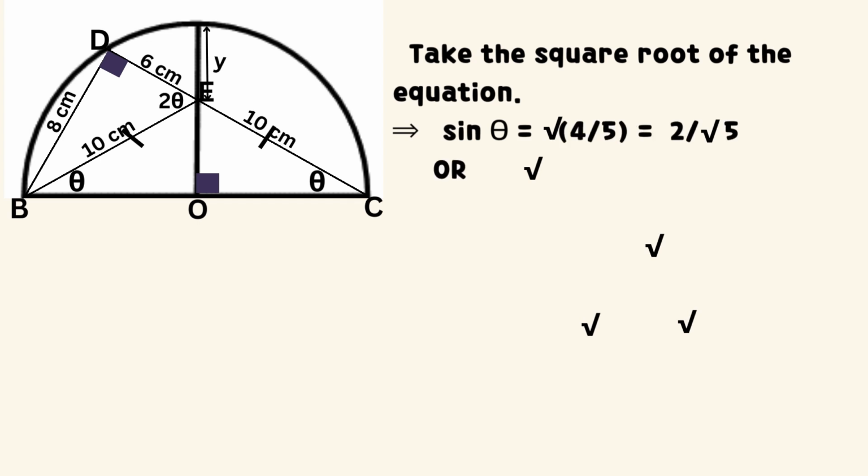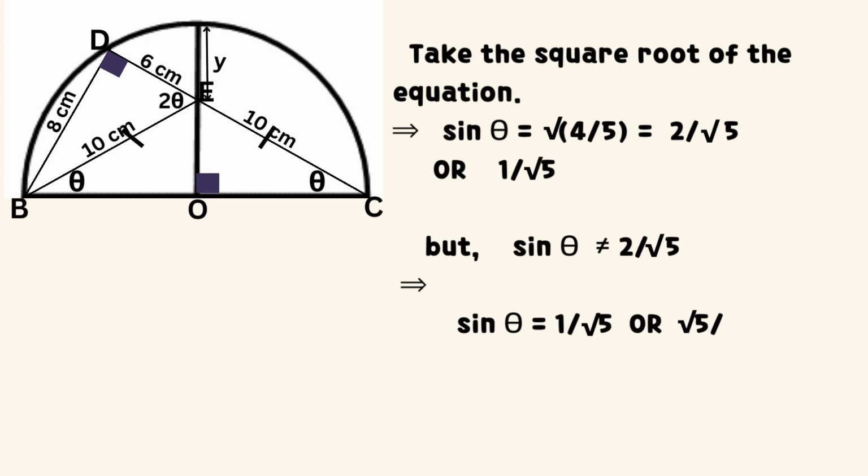It follows that sine theta equals 2 divided by the square root of 5, or 1 divided by the square root of 5. But sine theta is not equal to 2 divided by the square root of 5, as can be proved from right triangle BED. Hence, sine theta equals 1 divided by the square root of 5, or in rationalized form, square root of 5 divided by 5. We call it equation 1.